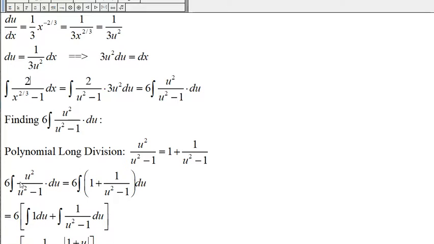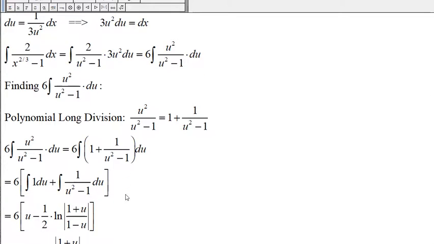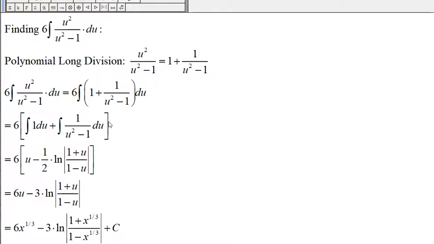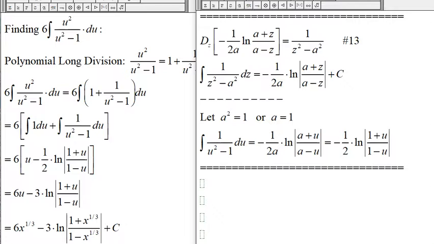And so 6 times this integral now is 6 times the integral of 1 plus 1 over u squared minus 1. The antiderivative of 1 is just u. The antiderivative of 1 over u squared minus 1.